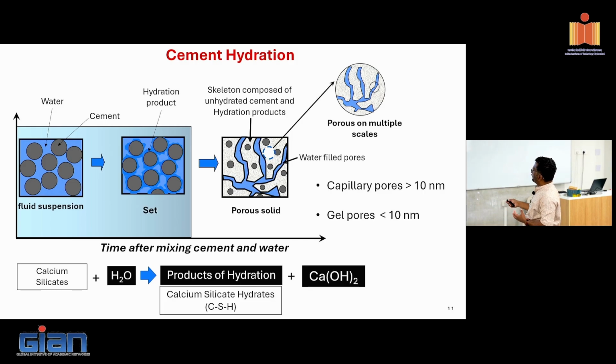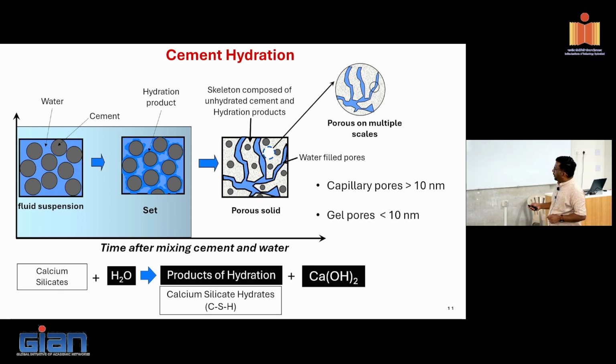Now in between them, if you look at micro levels, at different levels, you have capillary pores which are all connected, typically more than 10 nanometers, of different sizes. And then gel pores, which are within the calcium silicate hydrate gels; you will also have some pores which are less than 10 nanometers, right?